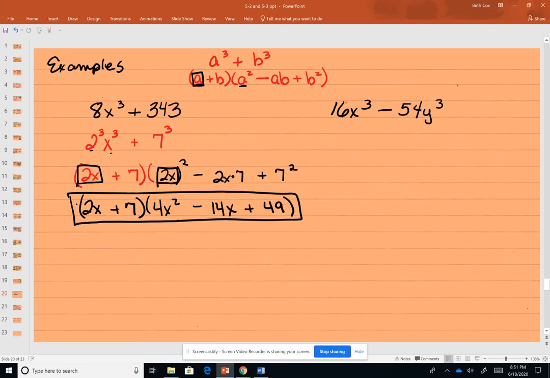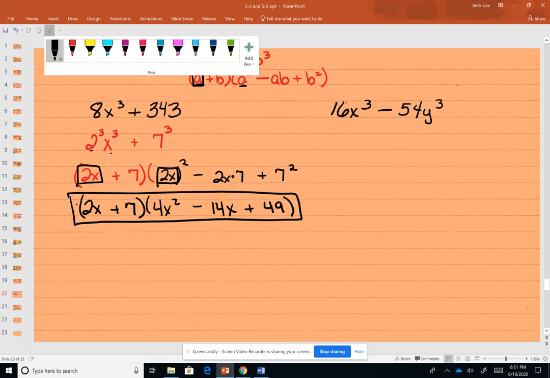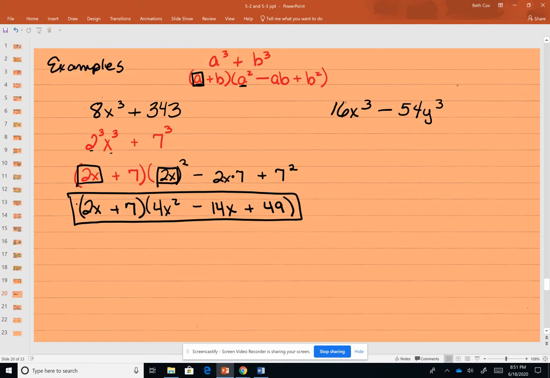The box and triangle method, here's an idea. You can put anything in a box and anything in a triangle. Here's my box and triangle method. It's the same formula using box and triangle. We'll do it with the minus because the next problem is a minus.